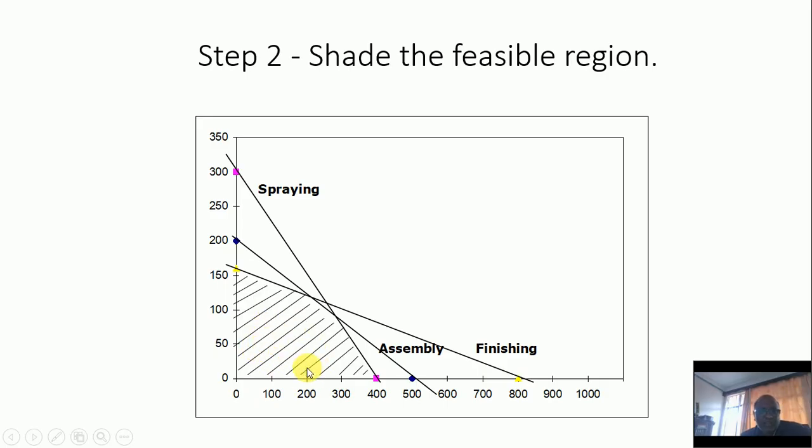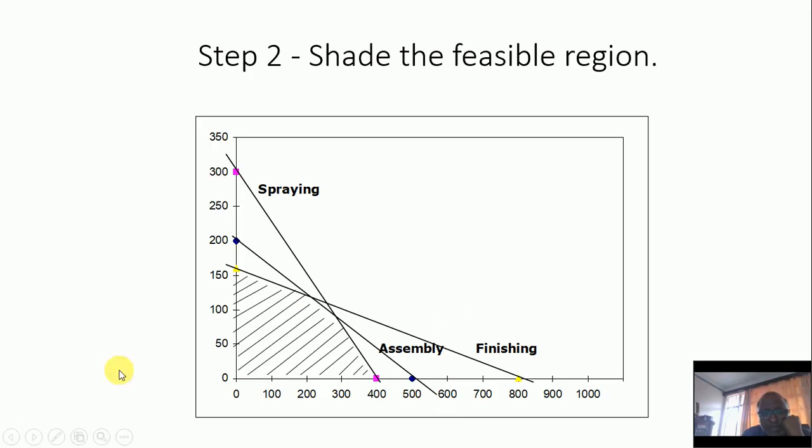So if I have to repeat what I just said, find your feasible region and find the intersections in the feasible region. This is an intersection of the x-axis and y-axis. This is an intersection of the finishing line and the y-axis. This is an intersection of the assembly and the finishing.